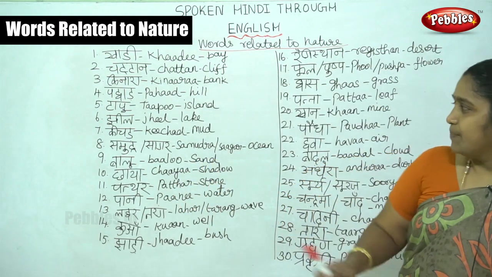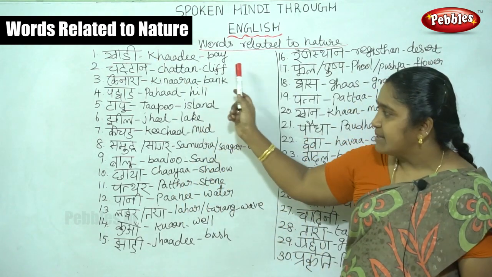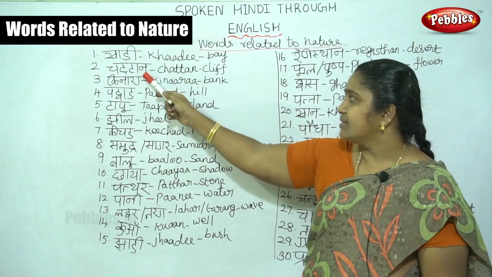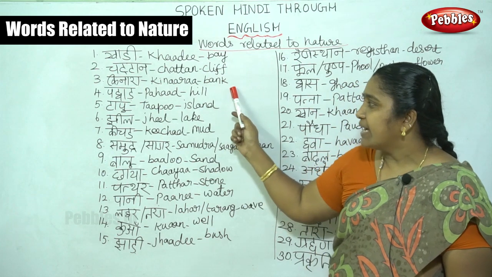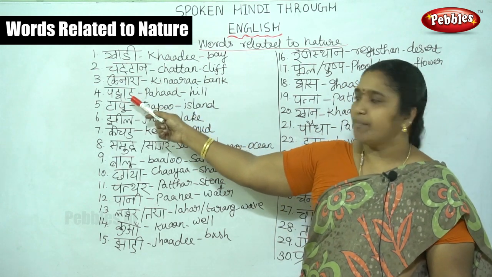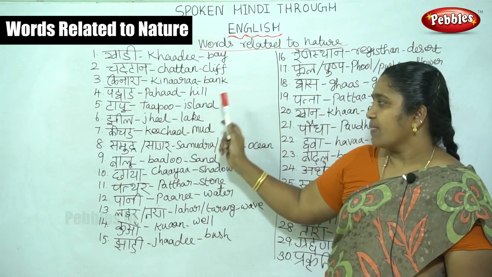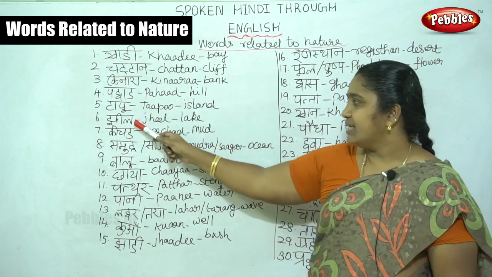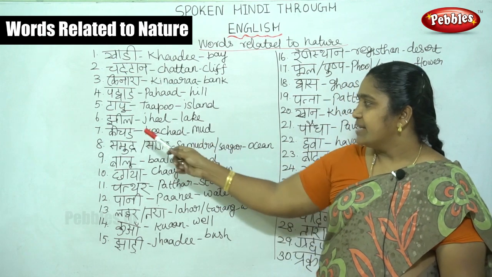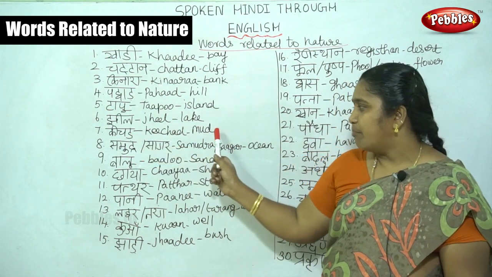Once again, see, khadi is bay, chattan cliff, kinara is bank, pahad hill. Then tapu is island, jil is lake, kichad is mud.